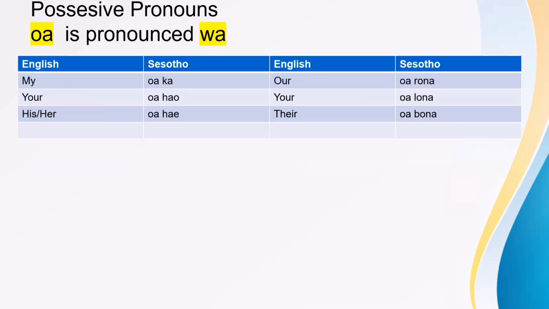And when we're going to possessive pronouns, the syllable OA is pronounced as wa. So in English, my, in Sesotho, waka. Your, wa hao.